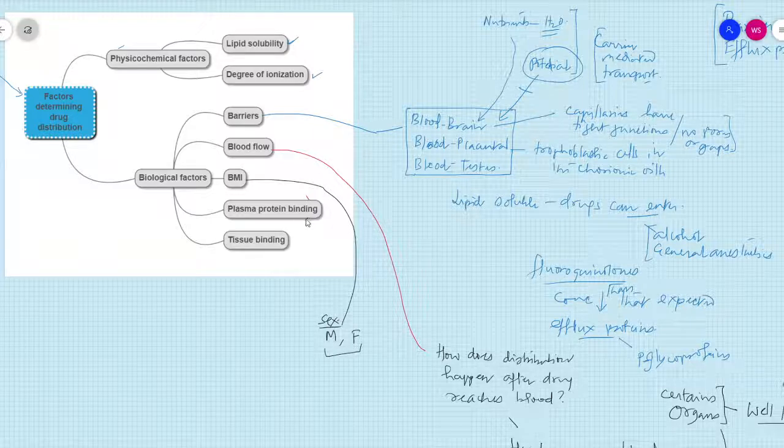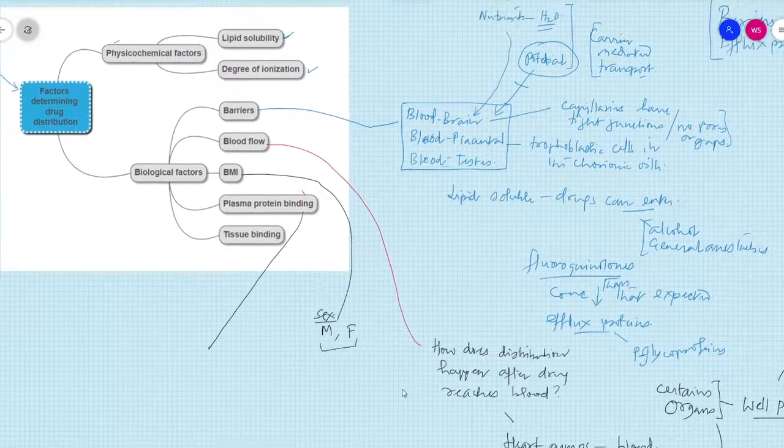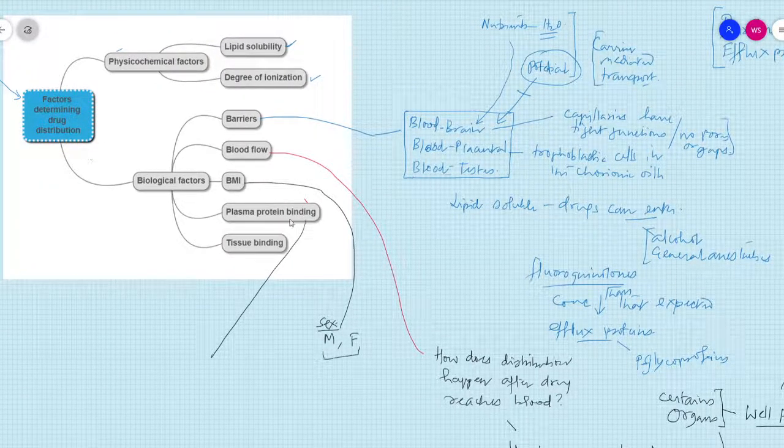Then there is the biological factor that is plasma protein binding. We have discussed the important sites and the important drugs. Remember, we talked about acidic drugs being highly protein bound. There is a small thing to remember about alpha-1 acid glycoprotein, again a plasma protein that is important for drug distribution.